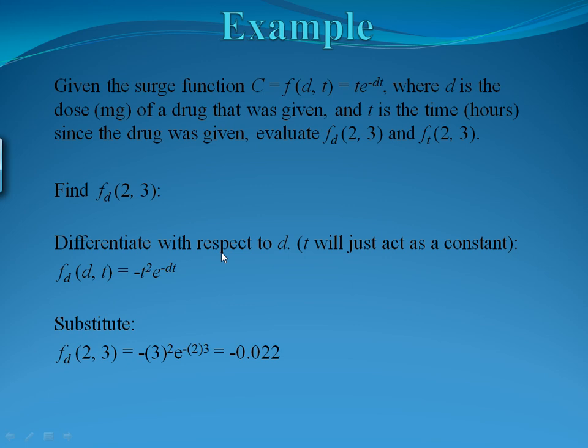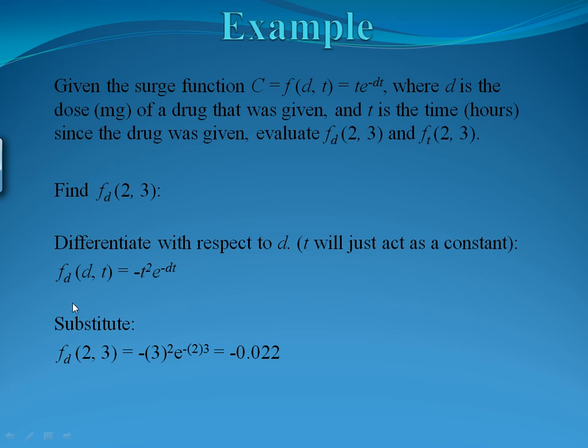When we differentiate, remember if you have e to the variable times a constant, that constant just comes out front. So the t will come out front, which will create this negative t squared, because the derivative of negative dt is negative t. That's what came out to multiply here. So our general first derivative is negative t squared e to the negative dt.